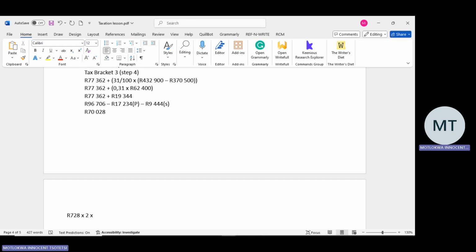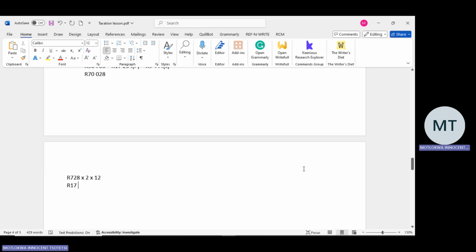Then we are also going to multiply it by 12, because remember, we are talking about annual, not monthly. So we should convert the amount to annual, okay? So the total we have is 17,472. Okay, for the first dependent and also the main member, which is Mr. Johnson, okay?